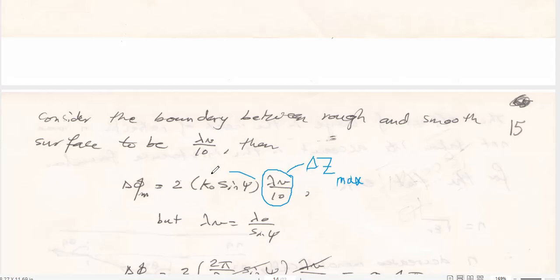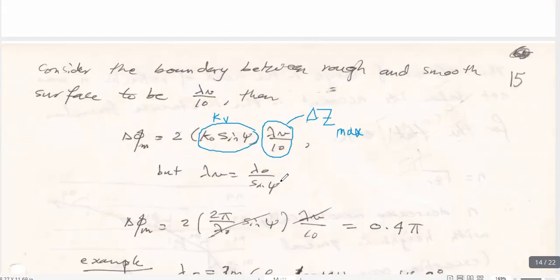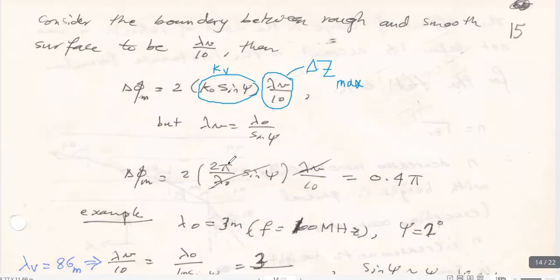And this is k vertical, k0 times sine psi. And lambda vertical itself is equal to lambda naught over sine psi. When you put lambda naught over sine psi, the phase is 2 pi over lambda naught sine psi times lambda v over 10.